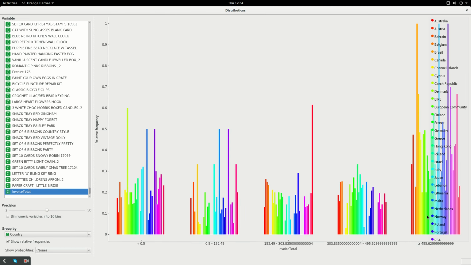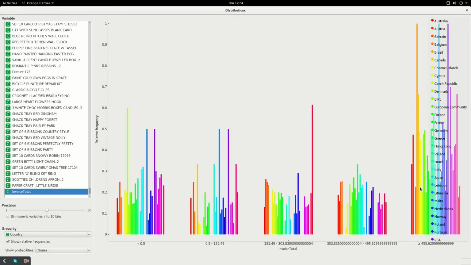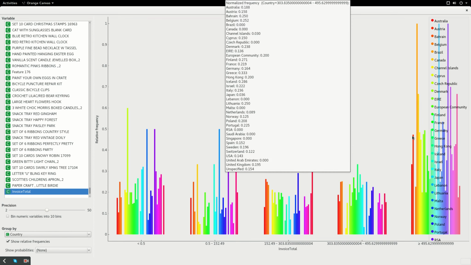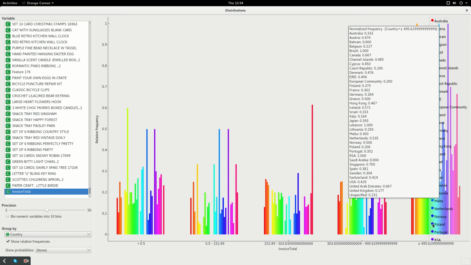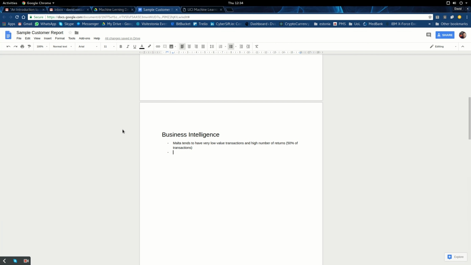So if we hover over the high value one, we see that Lebanon, which is down over there, apologies about the mouse, has 100%. So 100% of the transactions coming from Lebanon tend to be really high value. So no returns at all from Lebanon, which is another very good piece of business intelligence.